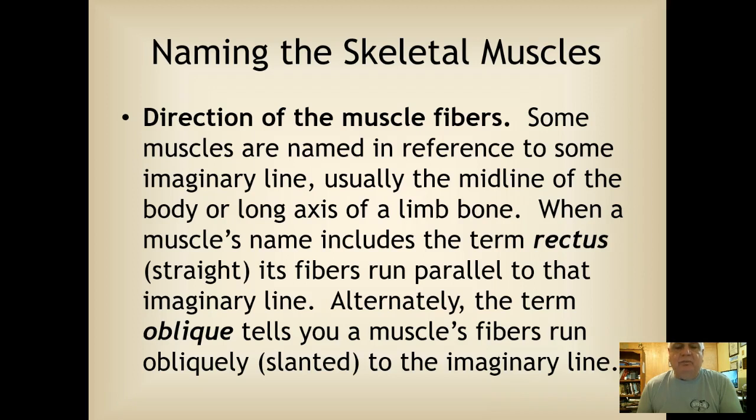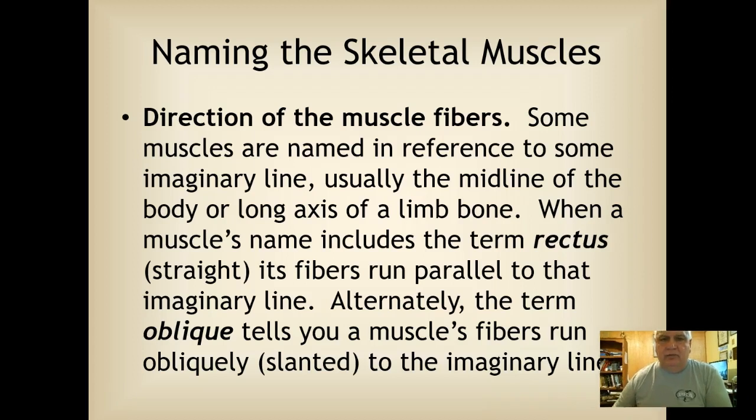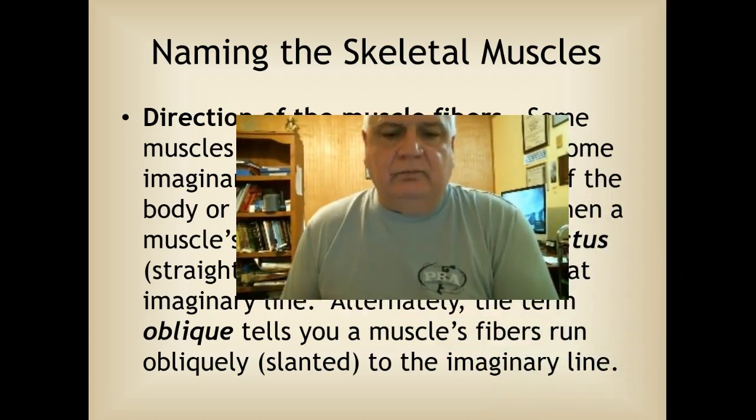Its fibers run parallel to that imaginary line. So, for example, when we think about the rectus femoris, rectus means it's going to be a muscle that has fibers that run parallel, or a strap-like muscle that's running parallel to the bone, the femur, down across the leg.